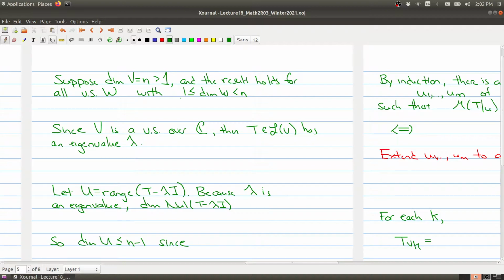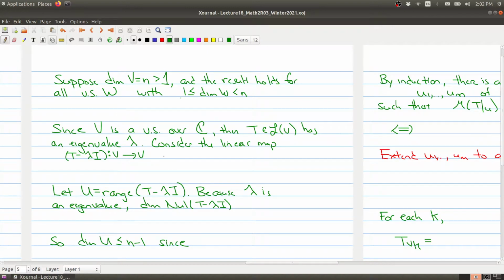Now we're going to consider a special linear map, the map T minus lambda I from the vector space V to itself.